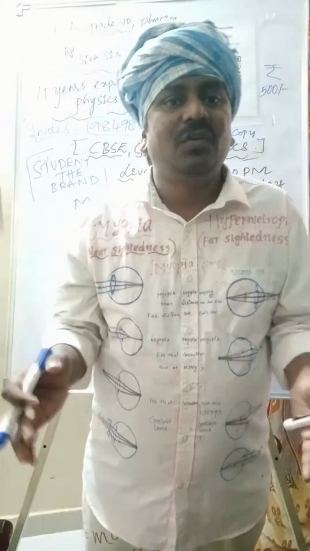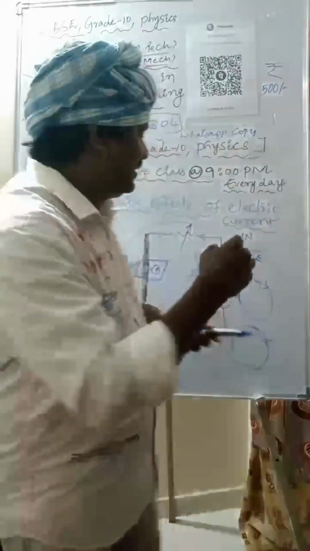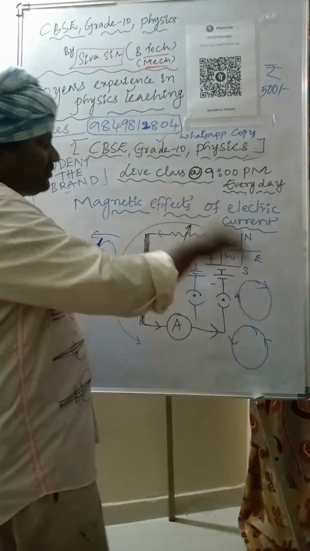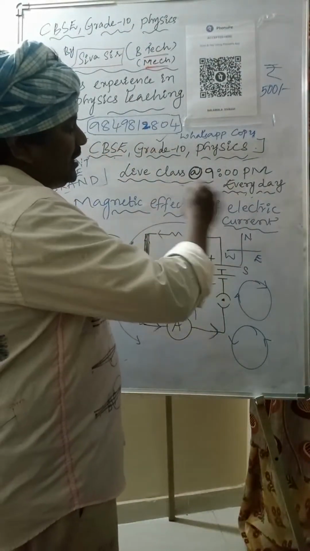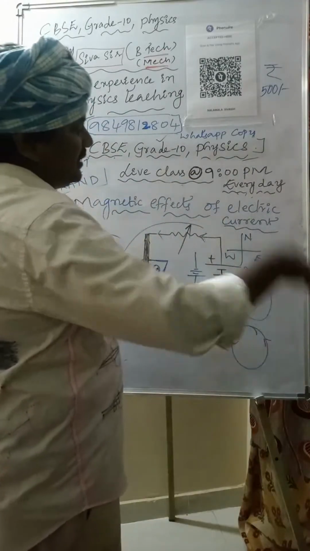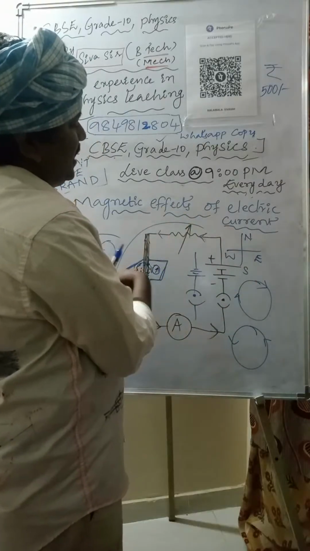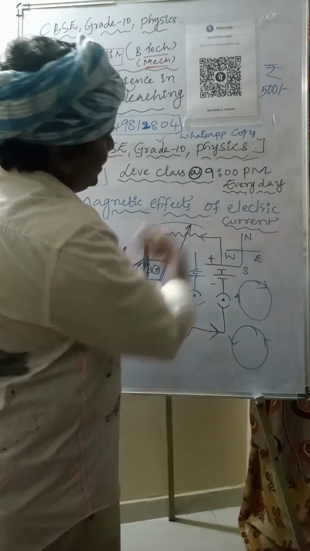So we can conclude that if the current is passing in the anti-clockwise direction, the compass should show towards the west.